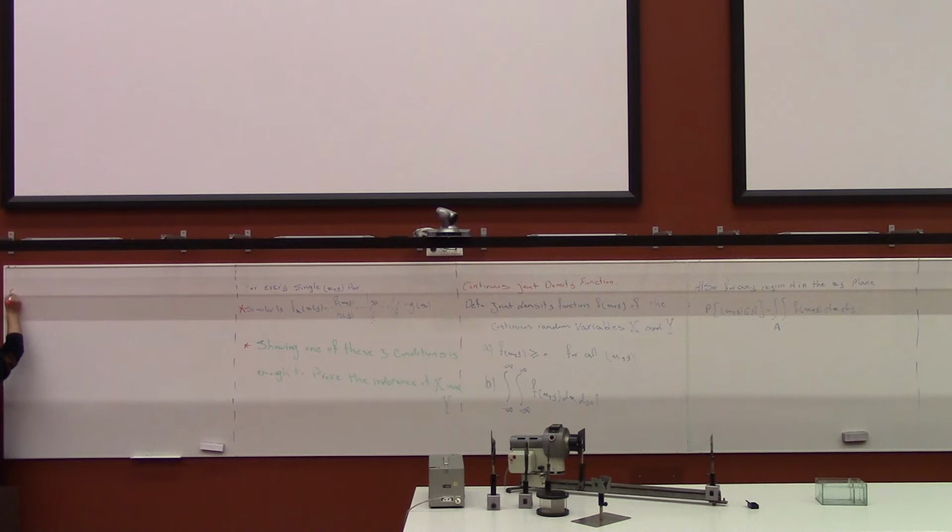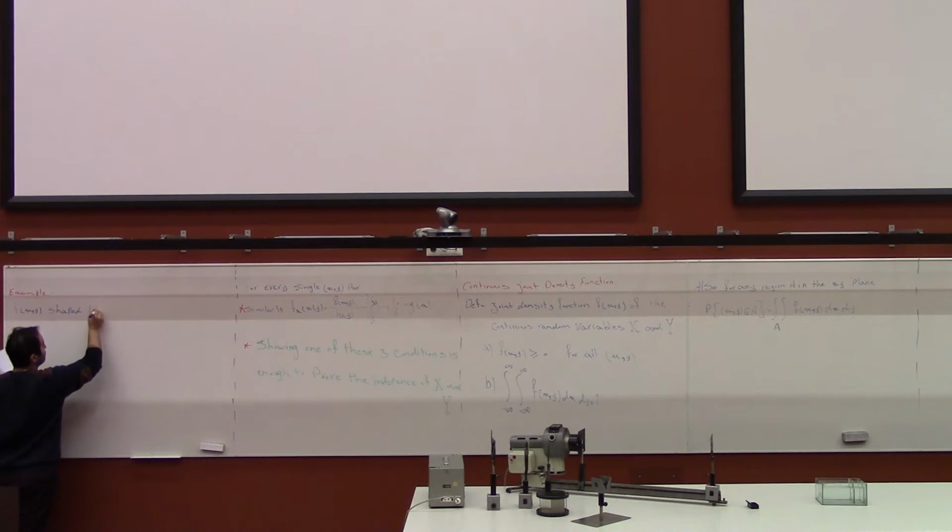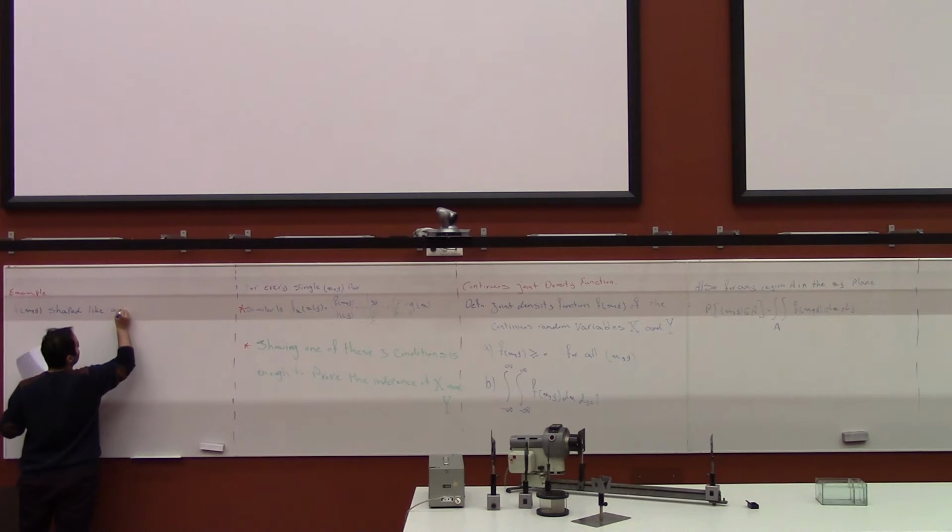Example. Okay. Then f(x,y) is shaped like a cone.